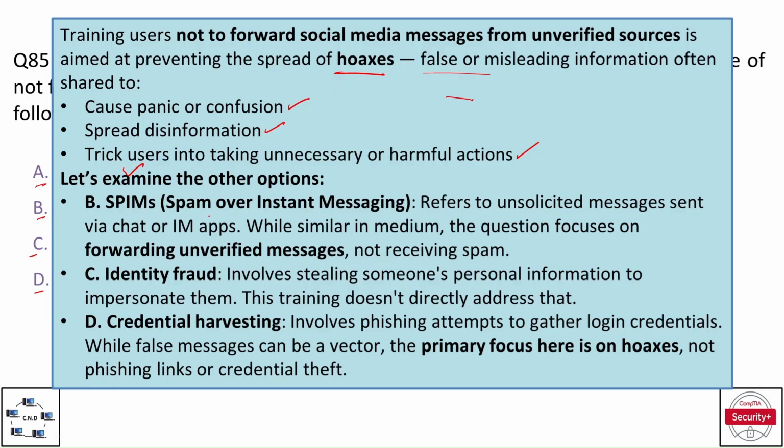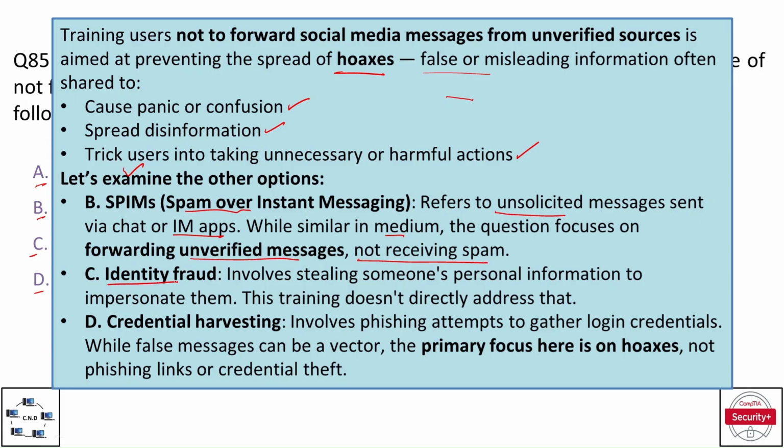Option B, spam, that is spam over instant messaging, refers to unsolicited messages sent via chat or instant messaging applications. So while similar in medium, the question focuses on forwarding unverified messages, not receiving spam.